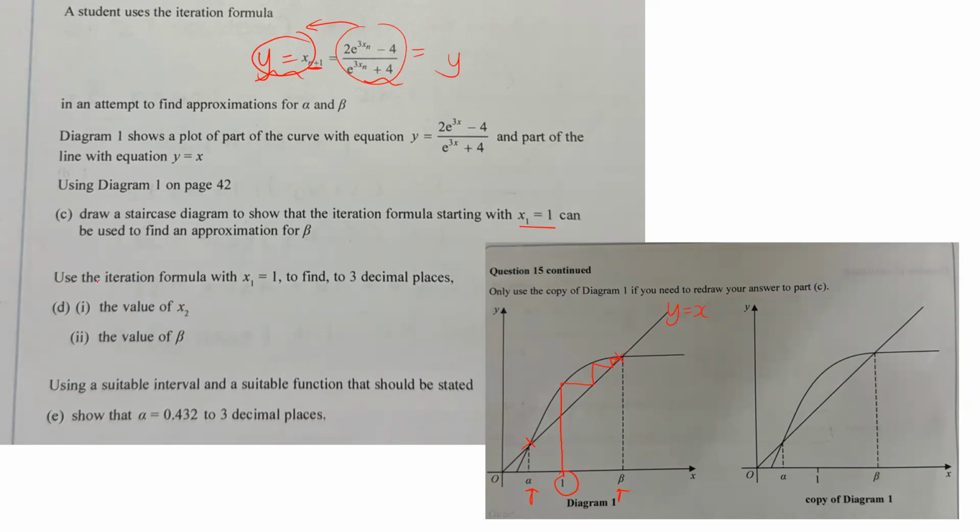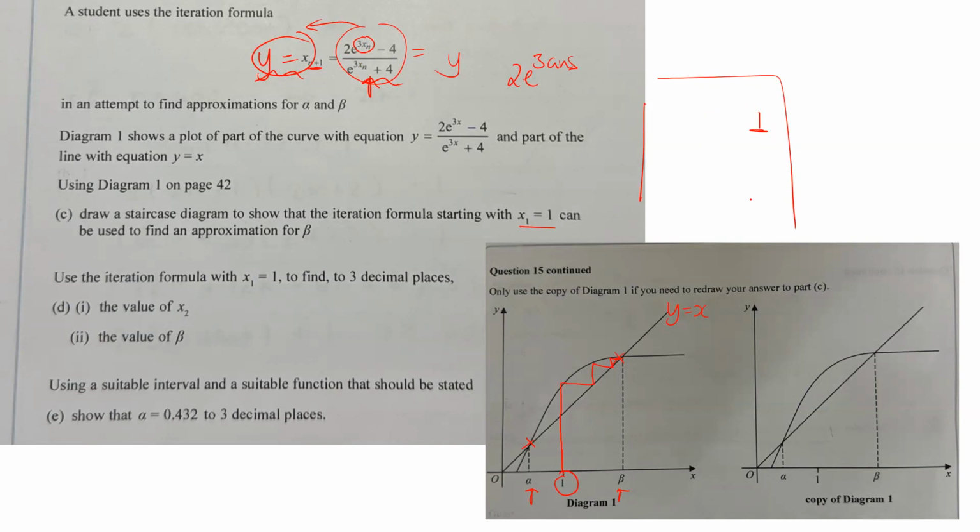Then on your calculators, it says use the iteration formula with x1 equal to 1. So we're all okay with using our calculators. You type in 1 equals, and then 1 will go at the bottom of your calculator display. Then you type all this formula in, but instead of using 3x to the n, you write 2e to the 3 and then use the answer key, and it will feed in whatever's at the bottom of the screen.